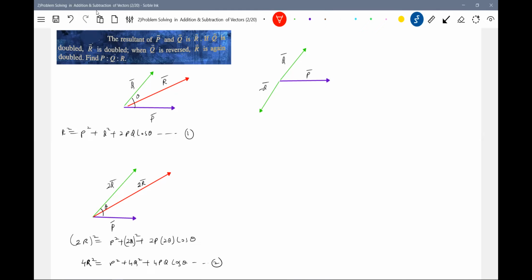Then the resultant we get is again doubled, 2R bar. The angle between them earlier was theta. Now some other angle comes into the picture. What will this angle be? 180 minus theta.